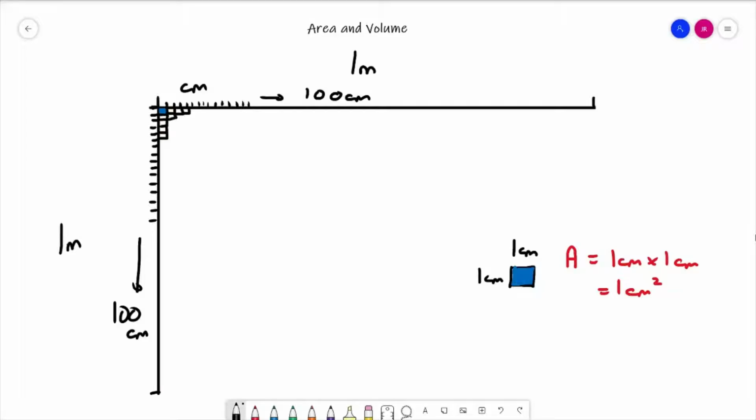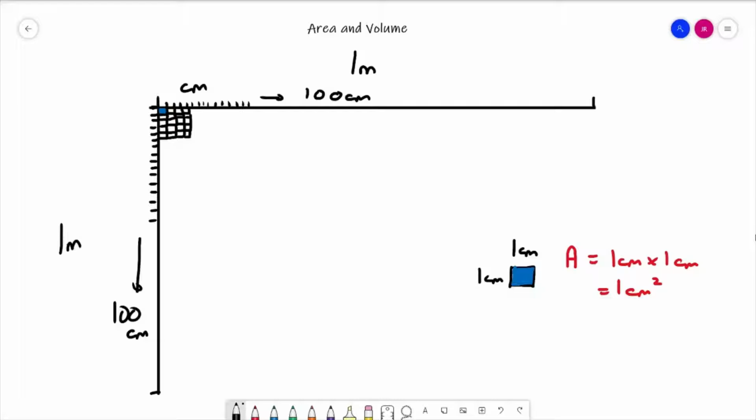Okay, and obviously I'm not going to draw them all in because it will take me all day to do that, but we can see that what we're going to end up with is a lot, obviously, of these little 1 centimetre squares.